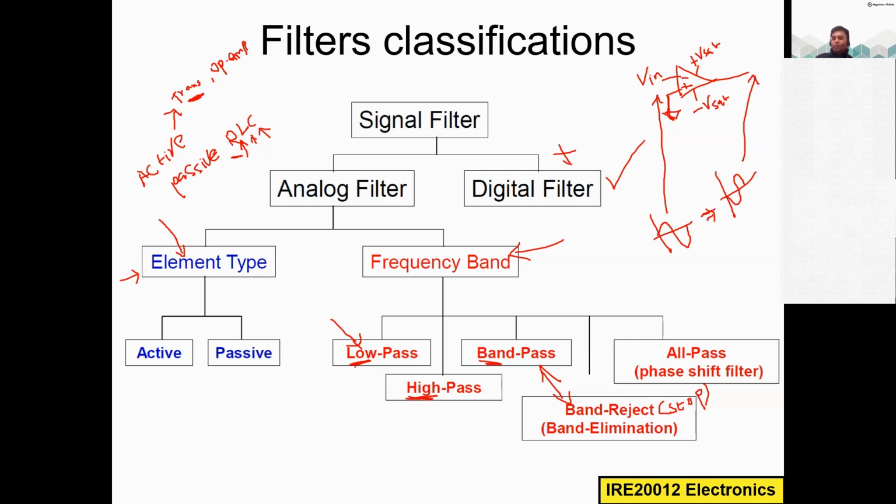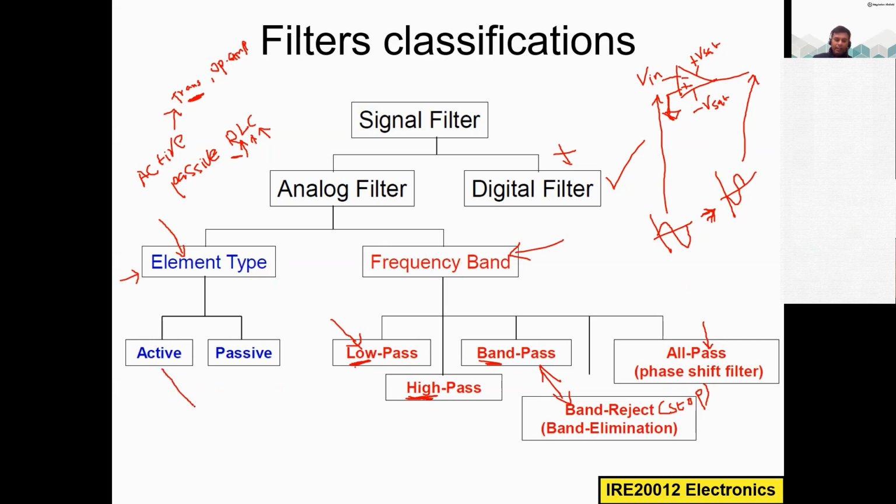Mostly we will use this kind of all pass filter in oscillator design. So now you know that analog filters can be classified as element based or frequency based. Element based is active and passive, and frequency based can be classified as low pass, high pass, band pass, band stop, and all pass. Of course, in practice we combine these.